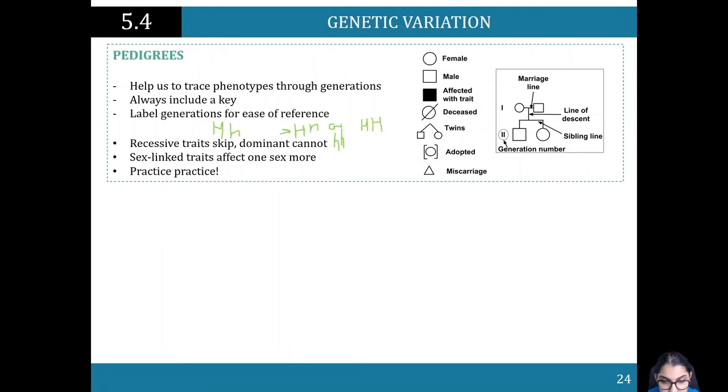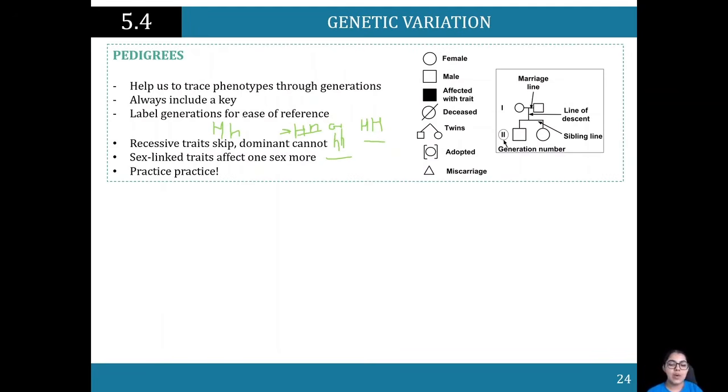So there you are. This will be homozygous dominant because it's homozygous, so they're both the same alleles, and they're both dominant. And this will be homozygous recessive because, again, homo, they're both the same, and they're both recessive. This is going to be heterozygous because we've got one dominant allele and one recessive allele.